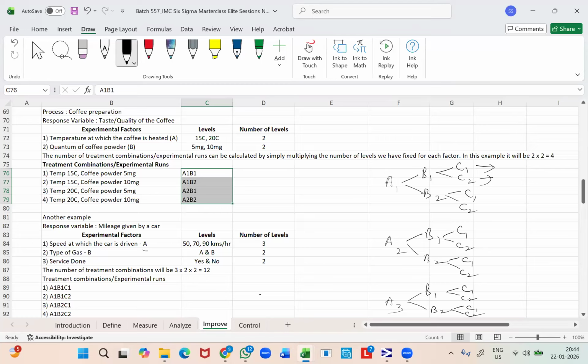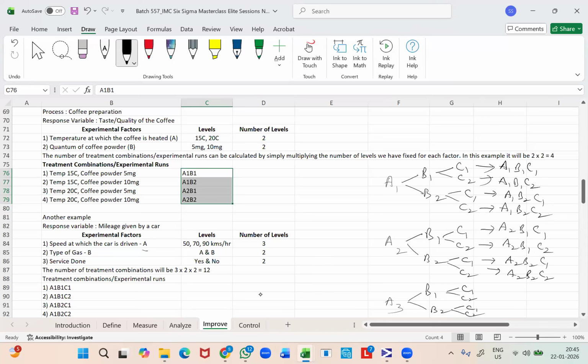So what is the first path? A1, B1, C1. The next path is A1, B1, C2, right? And the third one, A1, B2, C1, and then A1, B2, C2. So the A1 part is over. Now moving on to the A2 part. A2, B1, C1, A2, B1, C2, A2, B2, C1, A2, B2, C2.